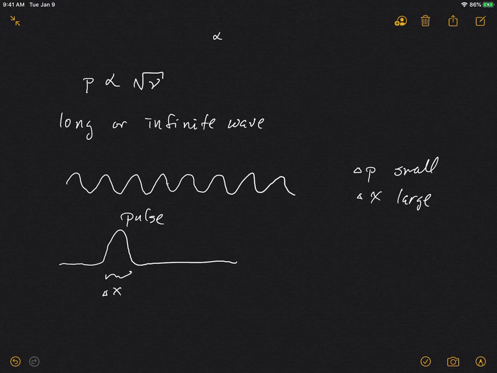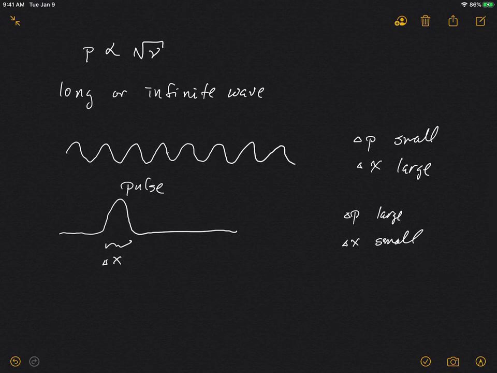It's not quite clear. You can define something, but then if you change the shape of the pulse just a little bit, you'll get a lot different momentum. And so the momentum has a lot of uncertainty. So delta P is large. Delta X is small.